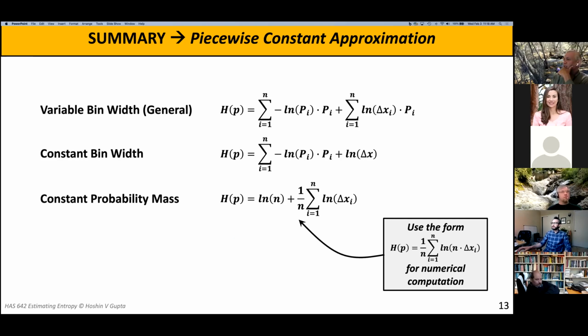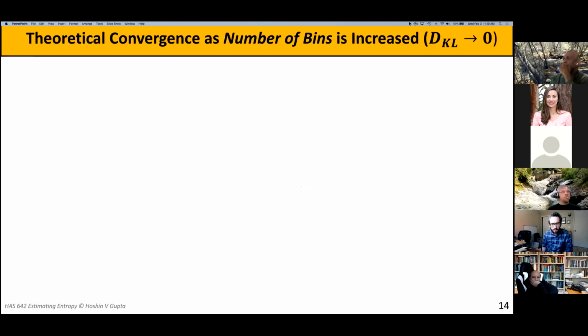And we're going to use this form where you just take the log n inside the summation. The reason we're going to do that is to avoid numerical problems, right? So as delta x becomes small, n becomes large, so you don't have a problem of trying to take logs of very small numbers, very large numbers. And theoretically, this is going to converge as you increase the number of bins. You can show that the Kullback-Leibler divergence goes to 0.